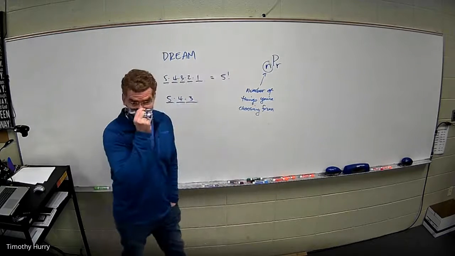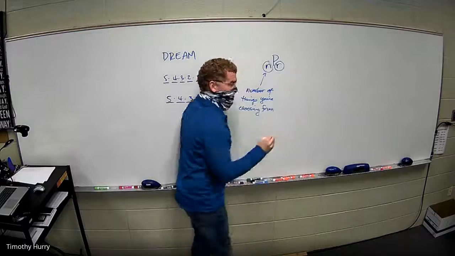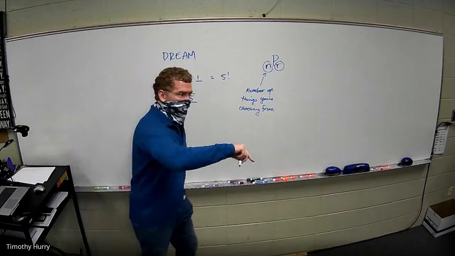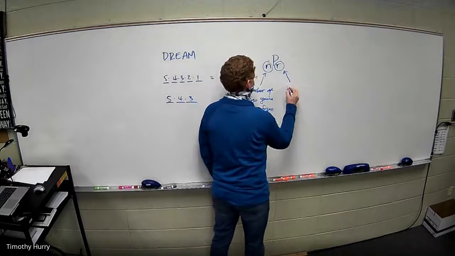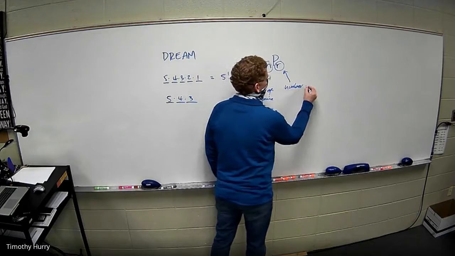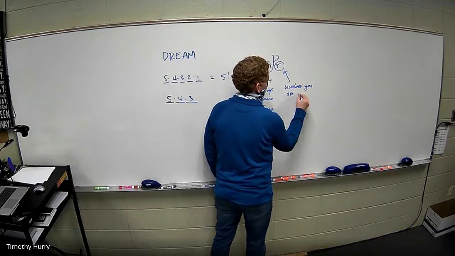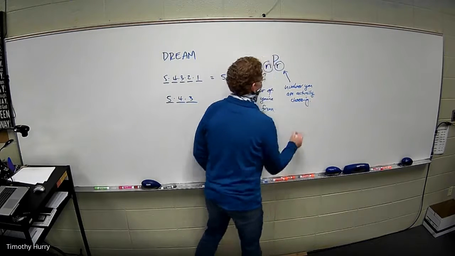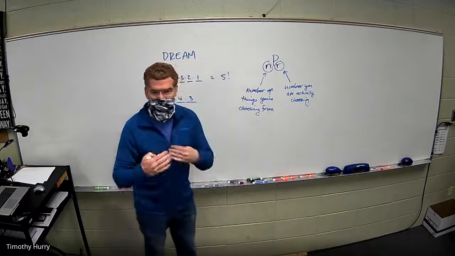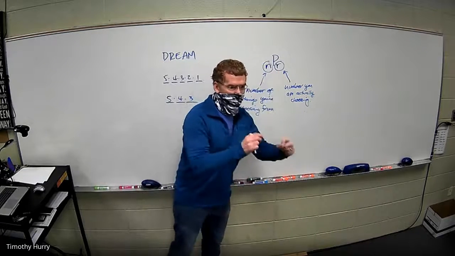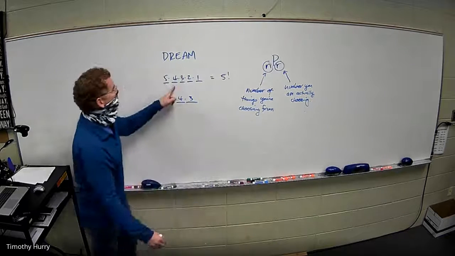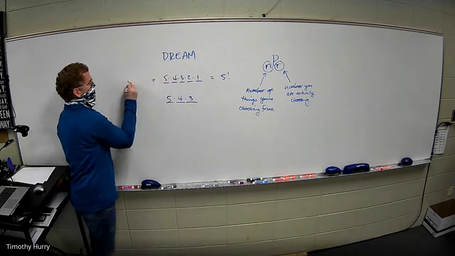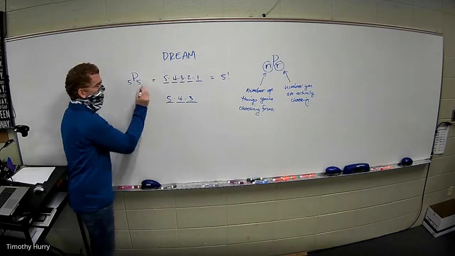And r would be the number that you're actually choosing. So this is the total number that's available, and this is the number that you're actually picking from that group. In this case, I could also write 5 factorial as 5P5, because there are 5 letters to choose from, and I'm picking all 5.